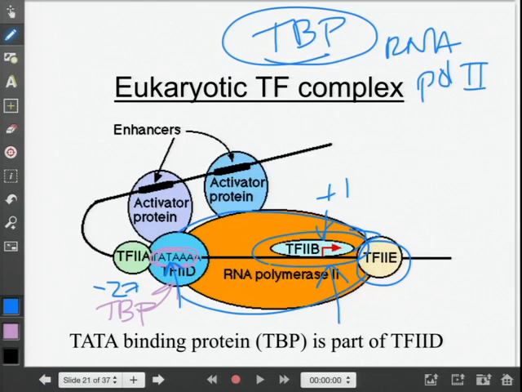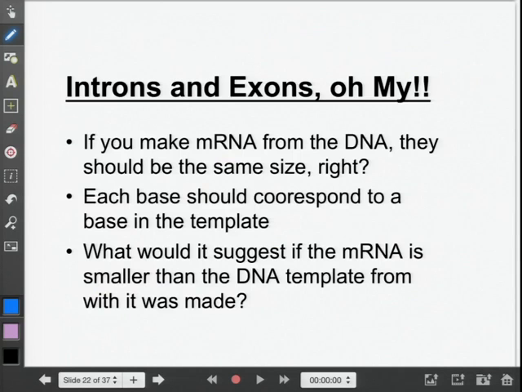So that's eukaryotic initiation. Elongation's the same, termination's the same for us. Same hairpin type thing, proteins recognize it, kicks off RNA polymerase. So the main difference is that initiation. TATA binding protein brings in RNA polymerase for eukaryotes, sigma factor brings in RNA polymerase for prokaryotes.